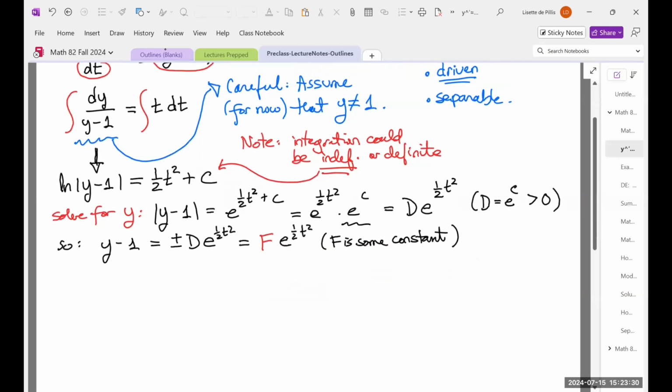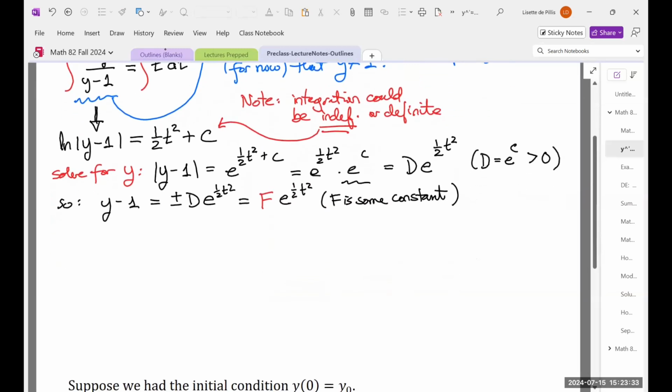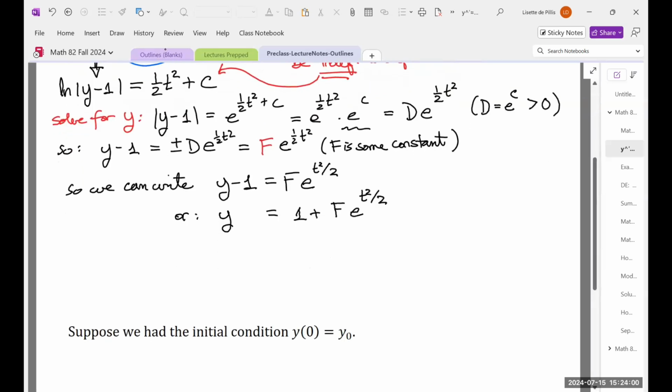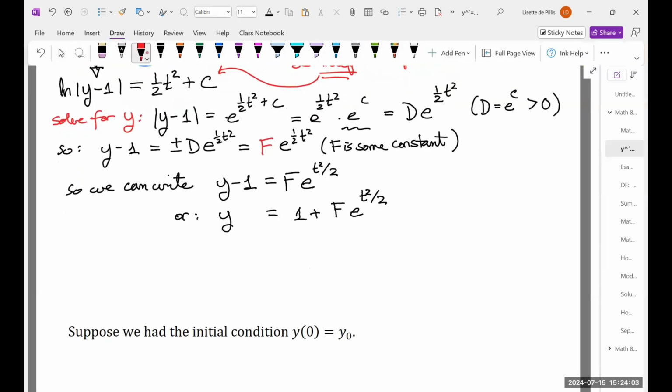Okay, so I can actually leave that in this form. So we can write y minus 1 equals f e to the t squared over 2 for now, or we can write y equals 1 plus f e to the t squared over 2. I'm going to hold off my decision on that until I've decided what f should be, because right now we actually have a family of solutions.